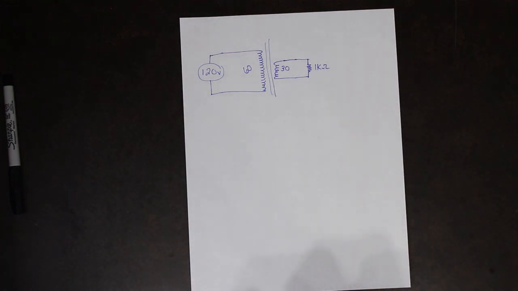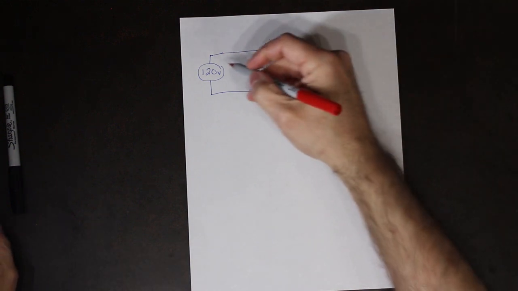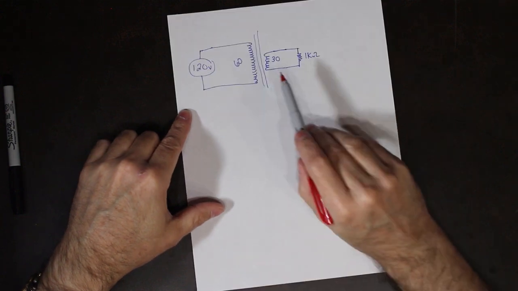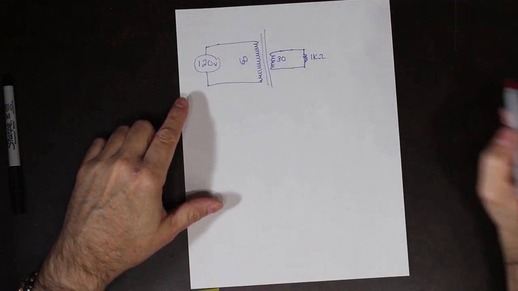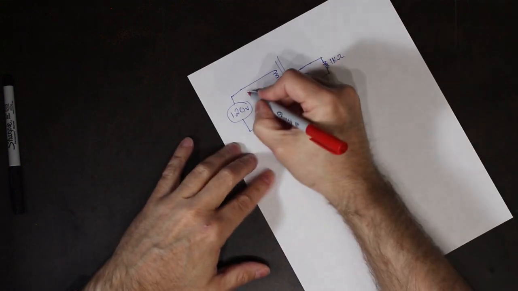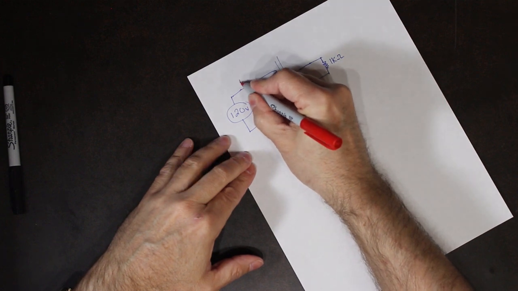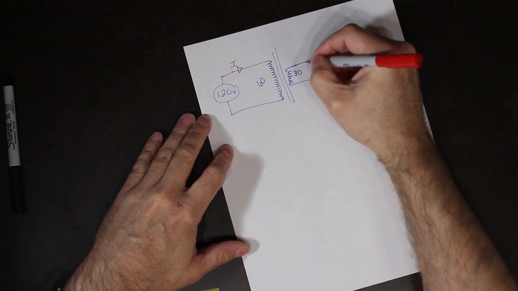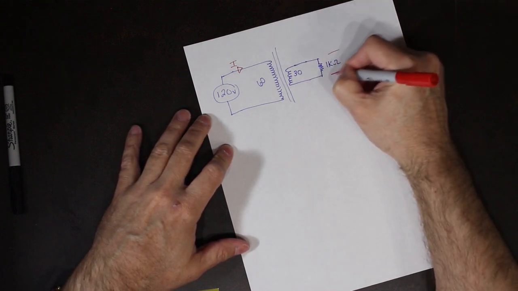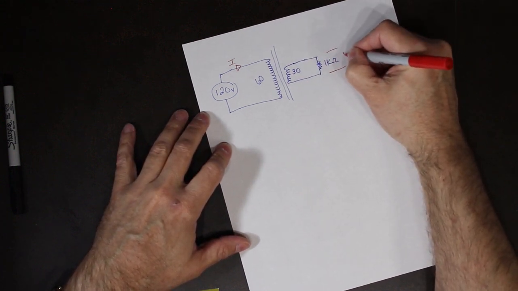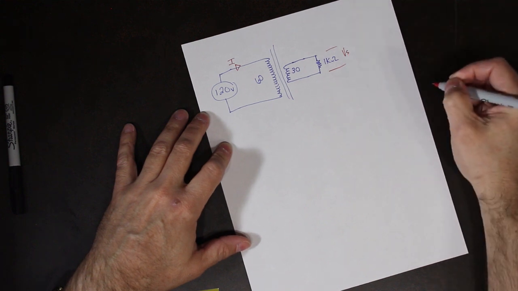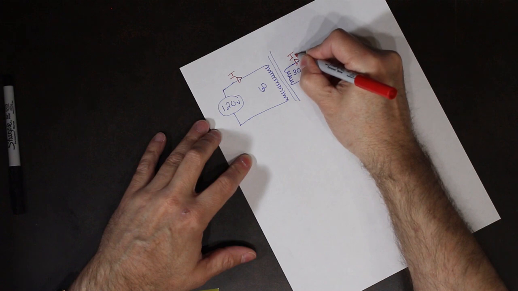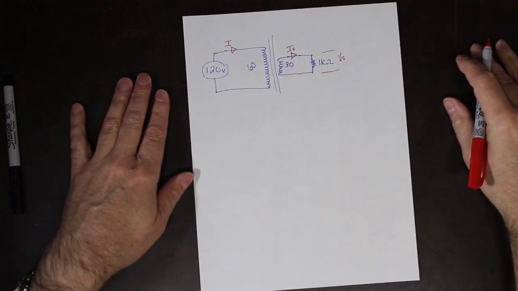So we have voltage applied. That's known. Primary turns, that's known. Secondary turns, that's known. What is not known is how much current flows on the primary side, how much voltage appears on the secondary side, and how much current appears on the secondary side.